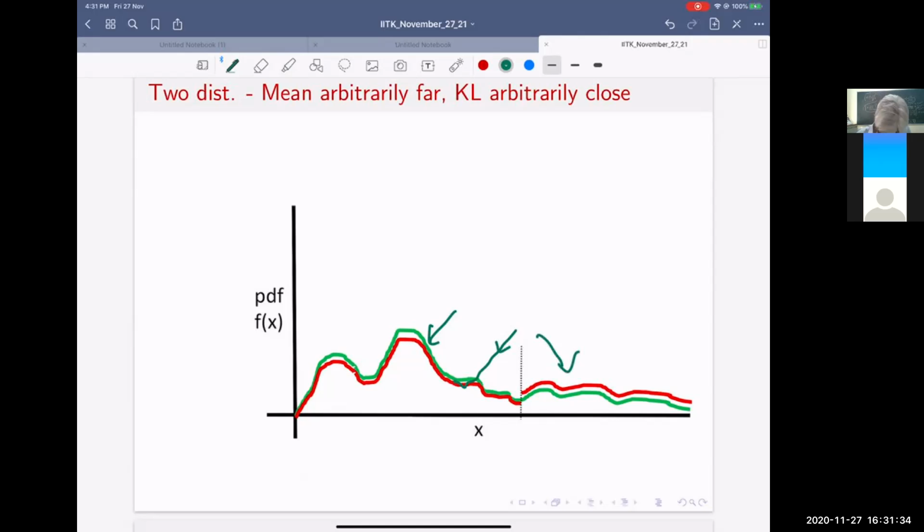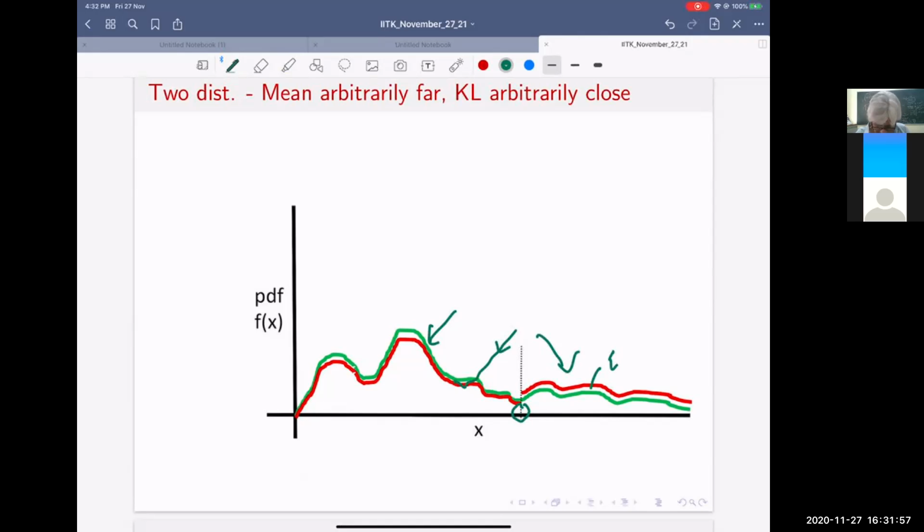You choose this point carefully. By choosing the mass you are transferring and this point carefully, you could have two distributions which are arbitrarily close to each other in Kullback-Leibler distance and arbitrarily far in terms of their means. So they are going to be really difficult to separate.